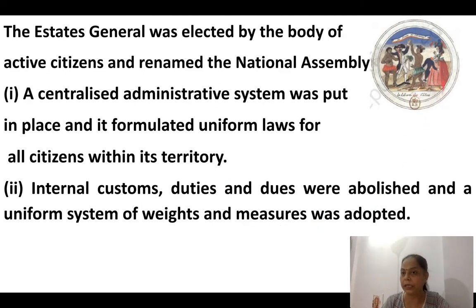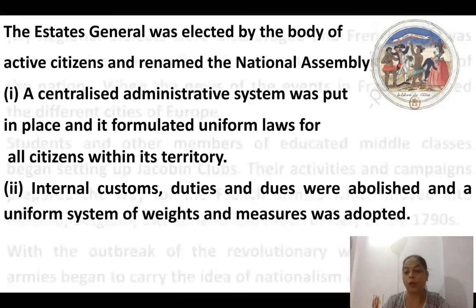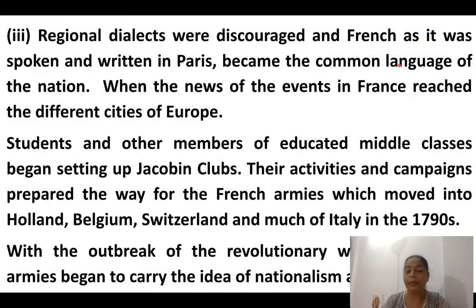You are seeing here that slavery was abolished, and under one flag all were declared as equal. Then another important change which came after the French Revolution was that regional dialects were discouraged.